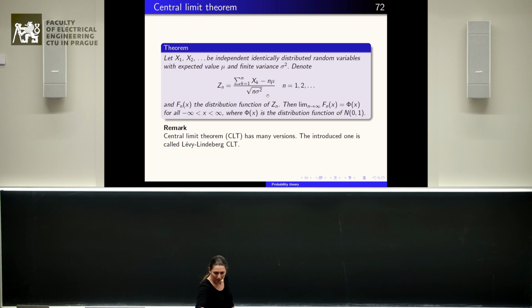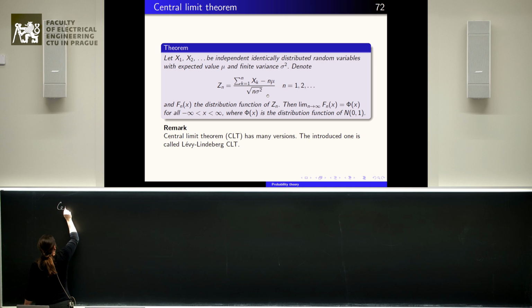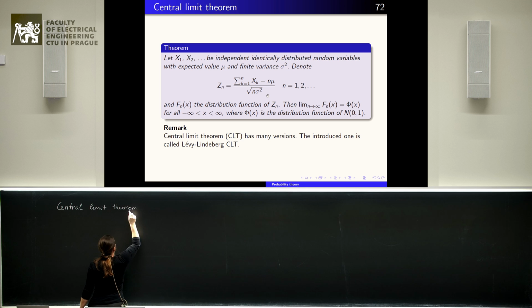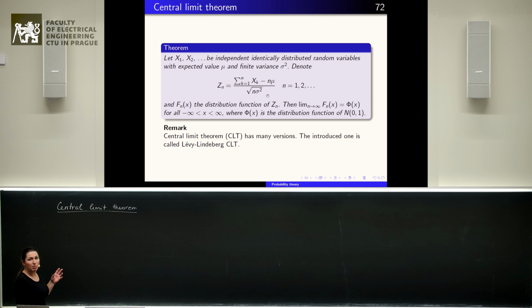So the central limit theorem is about the distribution of the sum of many random variables with the same distribution, where these random variables are independent.